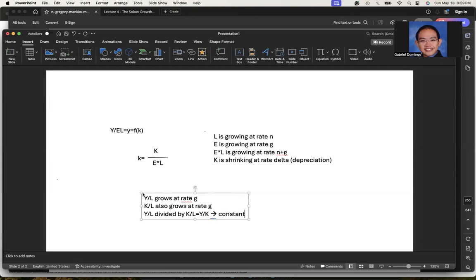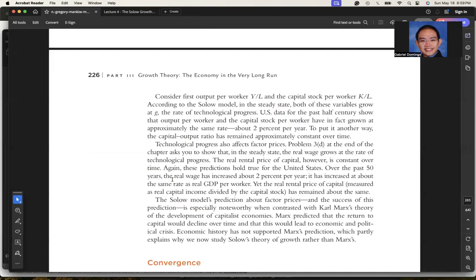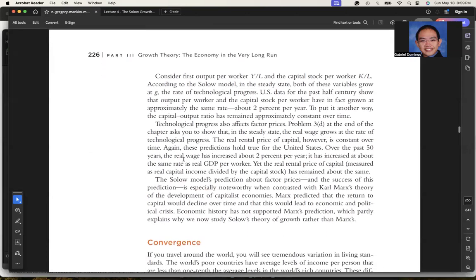So the output per capita, or you can imagine the reverse, K over Y, that is also constant, okay, in the long run. And that should also be evident in the data.